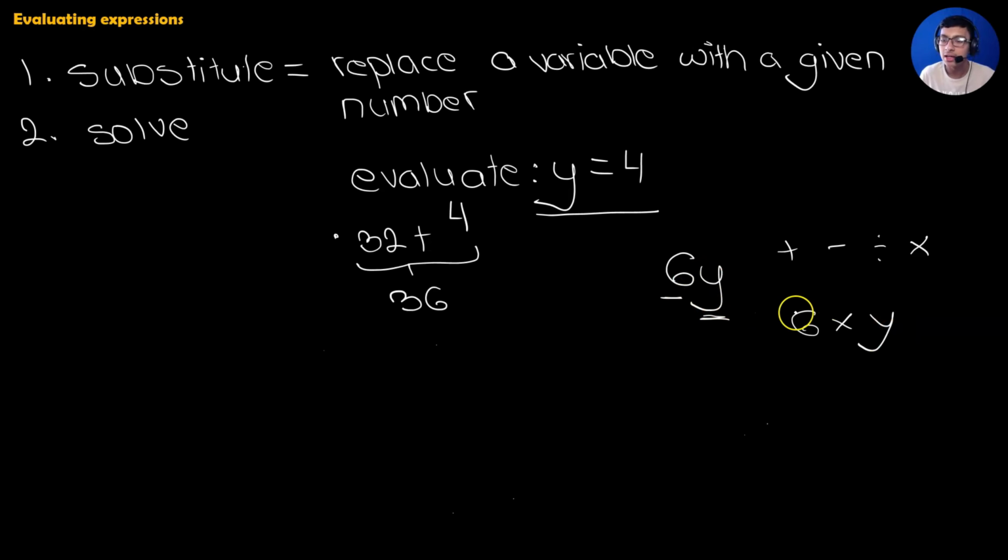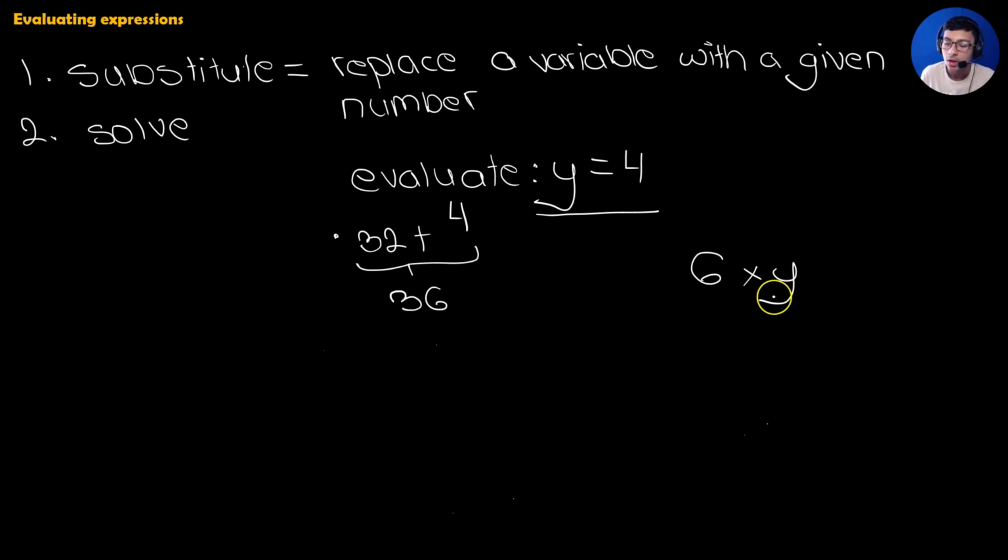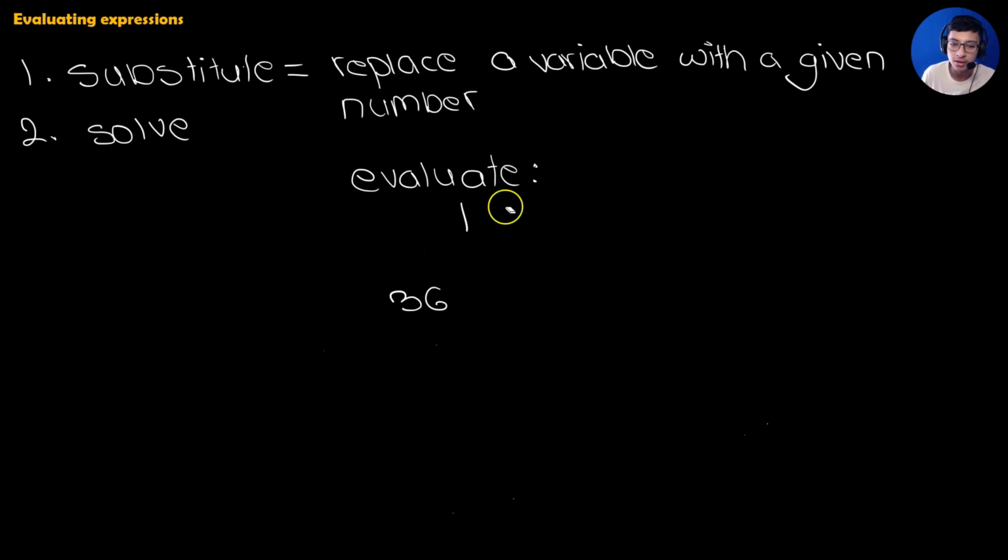So 6y equals 6 times y. Now we know what it means, we can replace the variable and solve. y equals 4, so 6 times 4 equals 24. And yes, that's it.